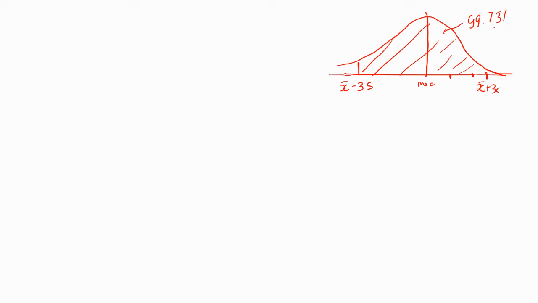Only 0.3% of the area remains after this. So we normally say that the total area of this curve lies between x bar minus 3s till x bar plus 3s, that is the x bar plus or minus 3s region.